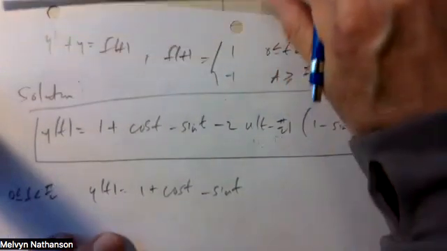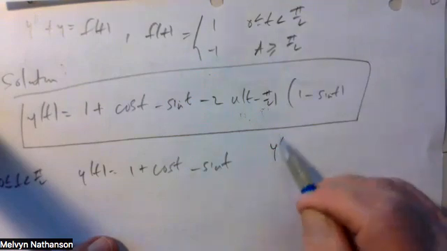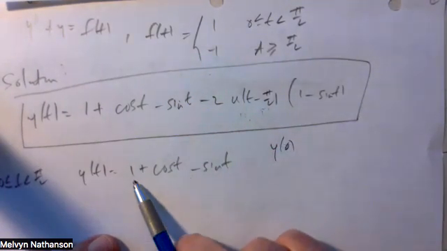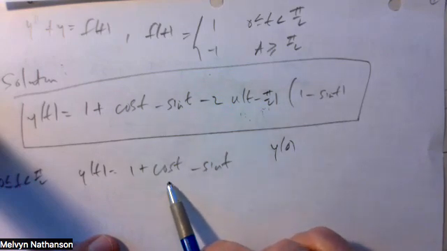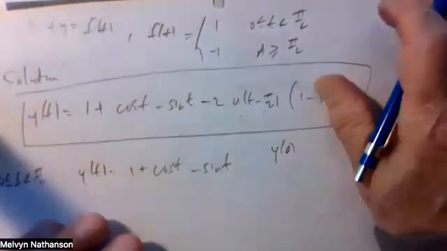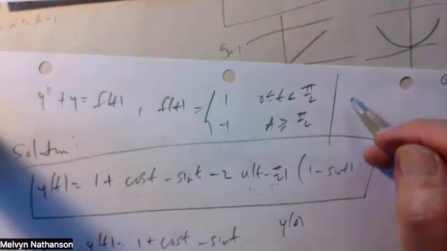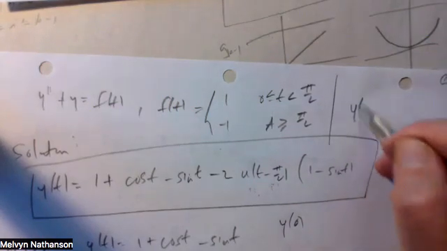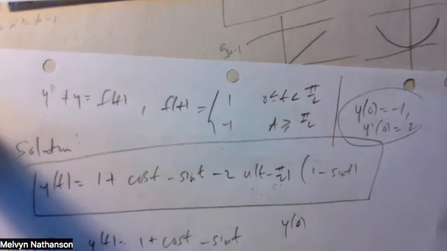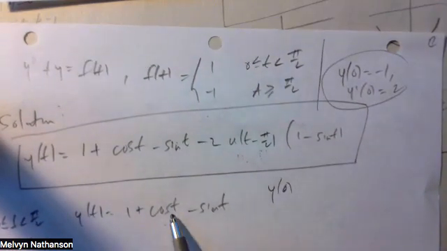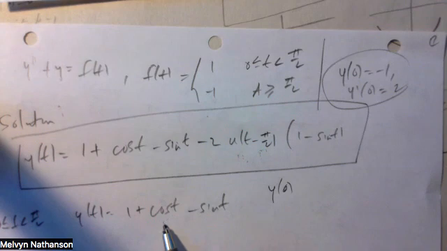For our differential equation, we had the initial conditions. If you let t equal 0, I get 2.